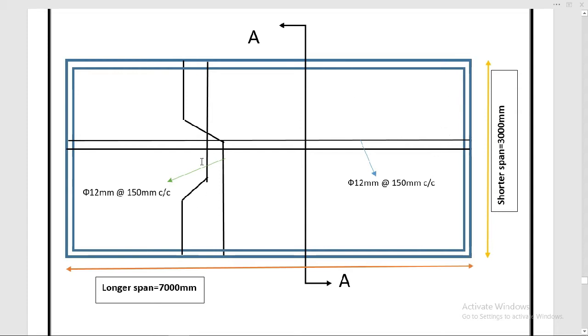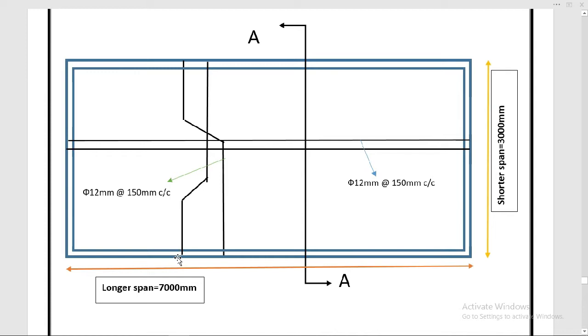Along the shorter span we have main bars, and the main bars are bent from one end, which is also called alternate bending. Alternate bending means first one bar is bent from this side and the other bar is straight from this side but bent from the other side.